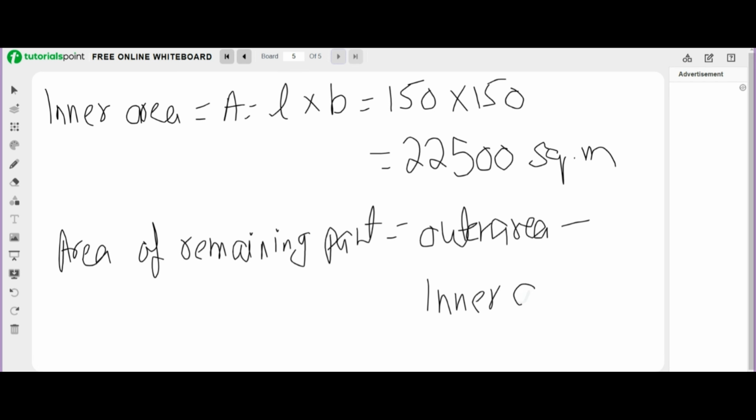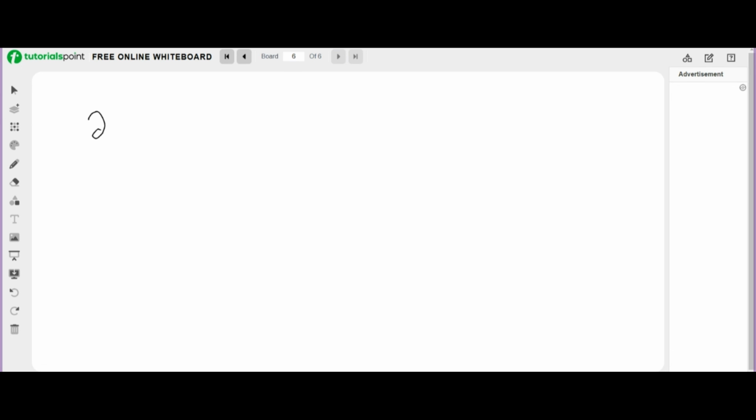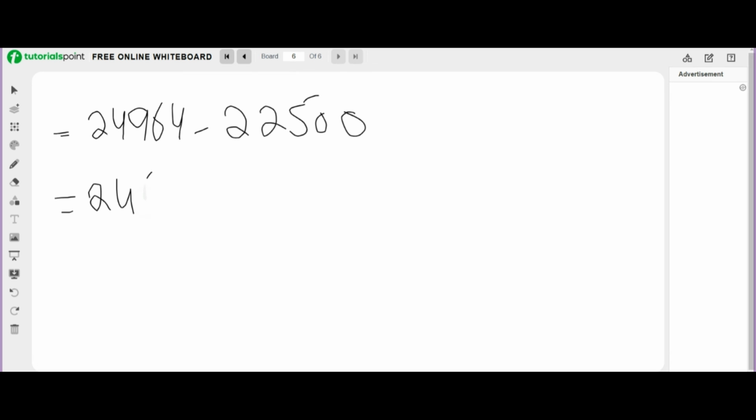You know this. 24,964 minus 22,500. The answer will be 2464 square meters. This is the answer. You can even check it. So the area of the remaining part of the garden is 2464.